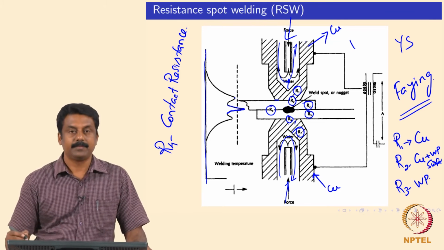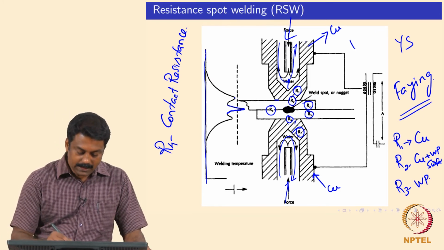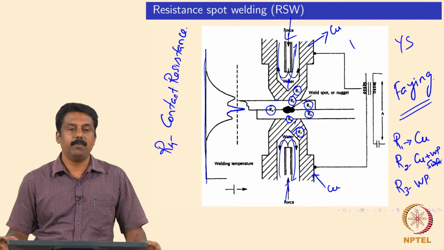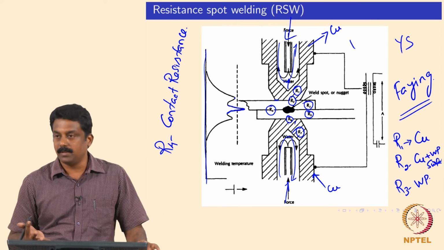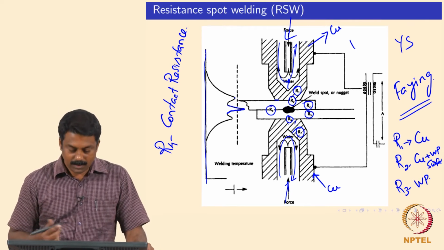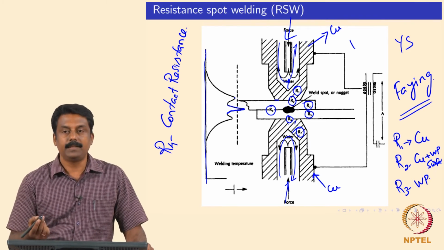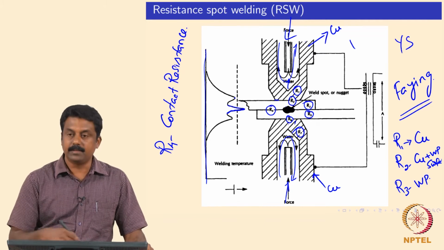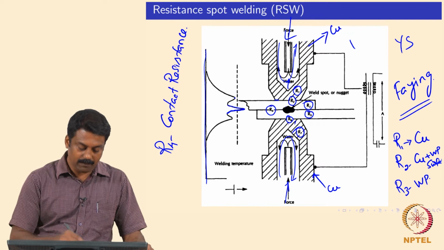So, the temperature will not reach as high as at the interface, okay. And similarly, the R1 is minimal, the resistance of the copper if you use the copper electrode. So, you won't expect any contribution from the R1 to this process, and same goes with R3. R3 also is very minimal because that is the bulk resistance of the sheet you are welding. So, if you look at this entire setup, resistance spot welding, the main rate controlling resistance is the R4.